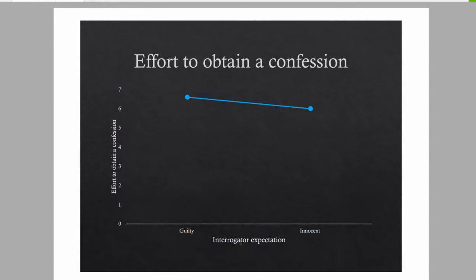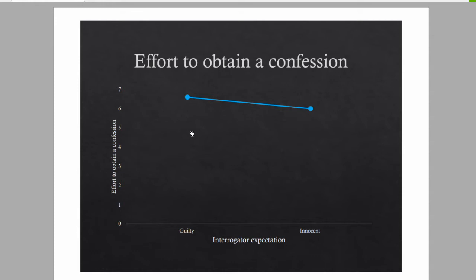And either the interrogator had a guilty expectation or an innocent expectation. You can see that they put a lot more effort into obtaining a confession when they thought the person was guilty than when they thought they were innocent.